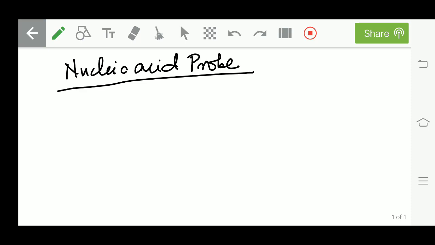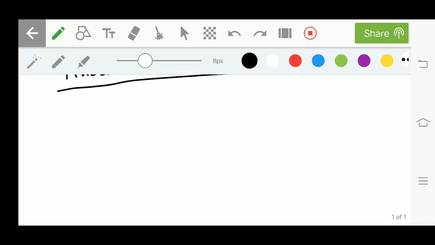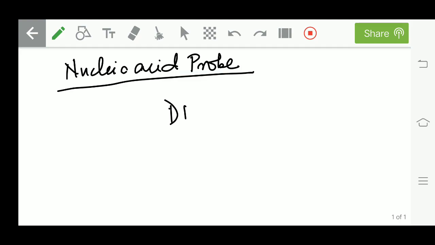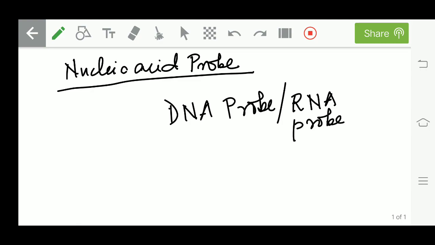This probe can be a DNA probe or it can be an RNA probe, and it is basically made up of oligonucleotides.